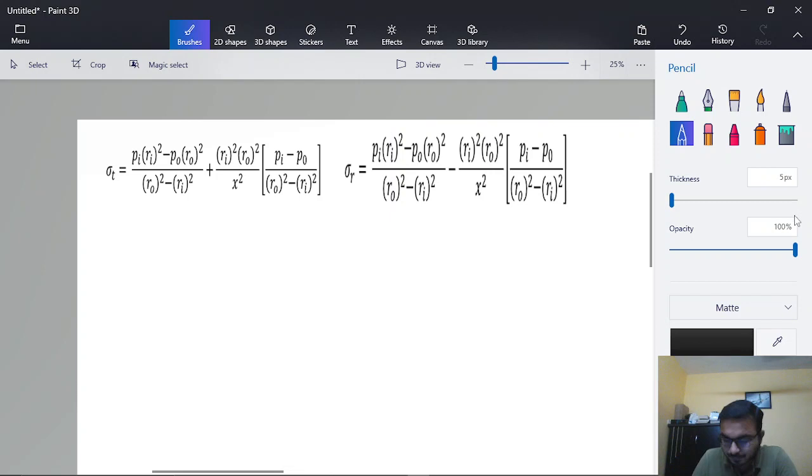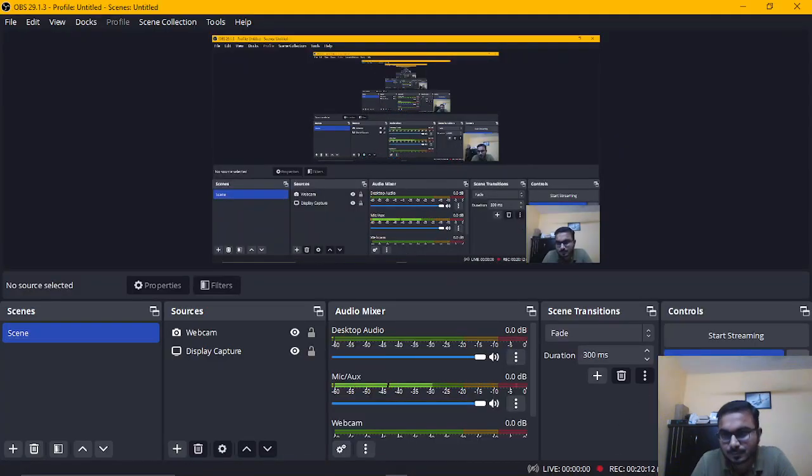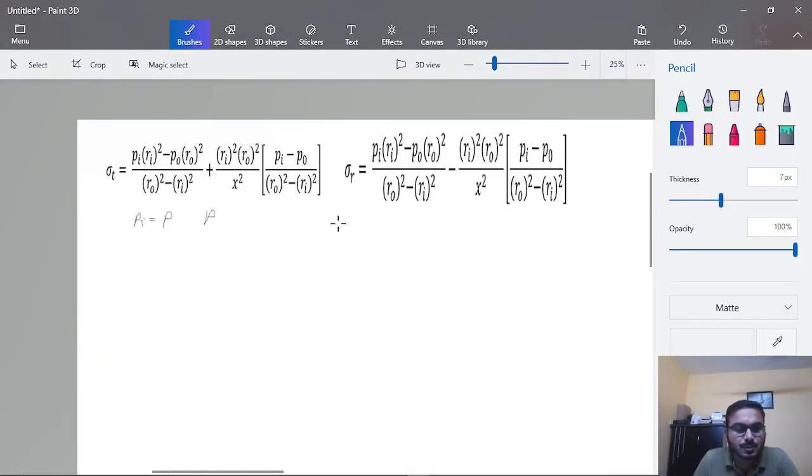So here we will take Pi is equal to P. As I told you earlier, we will consider Po as 0.